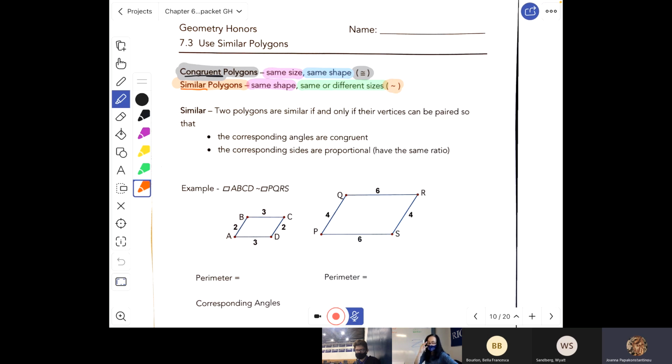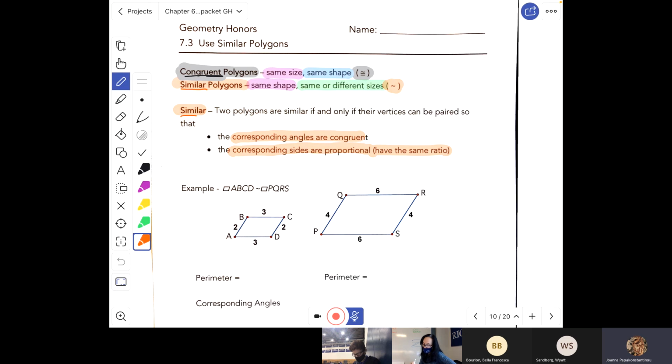Okay? So let's talk about what similar really means about the polygons. If two polygons are similar, this is true if and only if their vertices can be paired such that corresponding angles are congruent and corresponding sides are proportional. They have the same ratio.